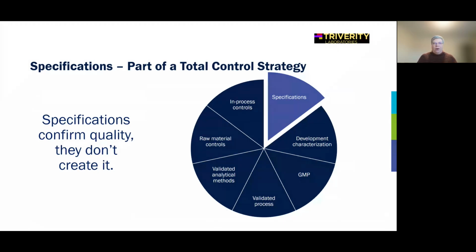And then you have your specifications come in, you test, and the QC side of it is the check at the end. Did all of the quality assurance work that we did result in a product that is as we would expect? So the specifications really should confirm the quality and not create it. You need to have a specification that you're pretty confident you put enough controls in that you're going to meet that every single time.